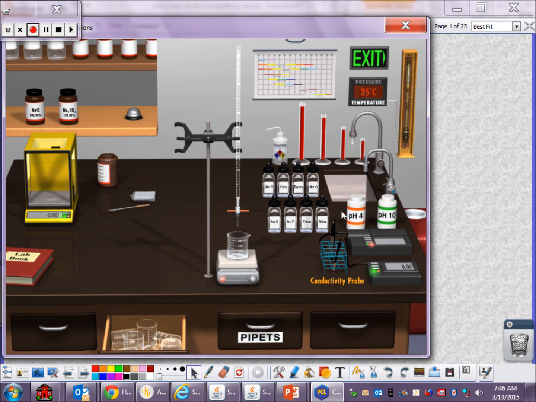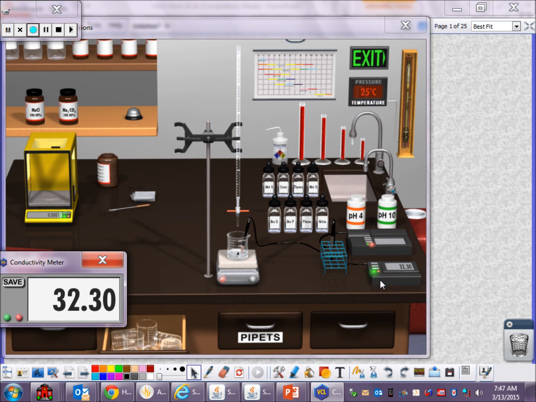Put it on the stirrer. Add 25 ml of distilled water. We will stir it and check the conductivity. Yes, it does conduct electricity.